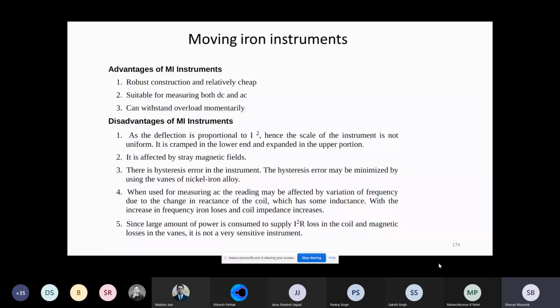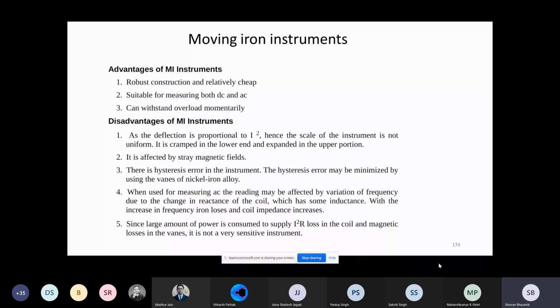So the shunt is not that much essential, and the multiplier is not that much essential. But there is a disadvantage also, because if a large amount of current passes, the power consumption is very high. I squared R loss will be very high, and magnetic losses in the vanes are also very high.